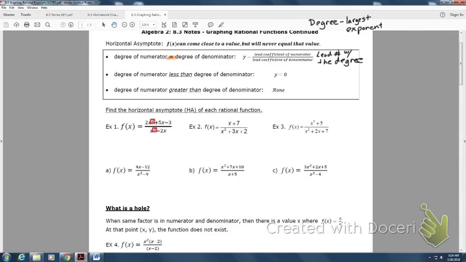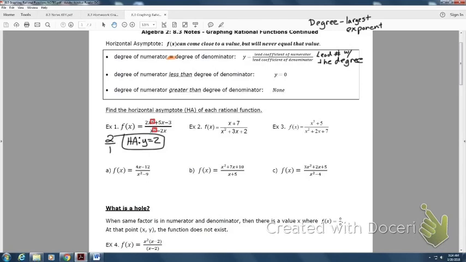All right, Casey, what is the leading coefficient of the numerator? 2. Sierra, what is the leading coefficient of the denominator? 1. So my horizontal asymptote, 2 divided by 1 is 2. So there it is.